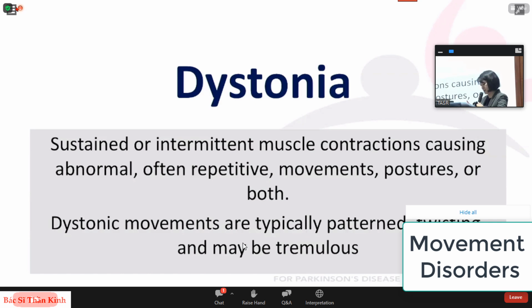Dystonia is a sustained or intermittent muscle contraction that causes abnormal posture and repetitive movement.